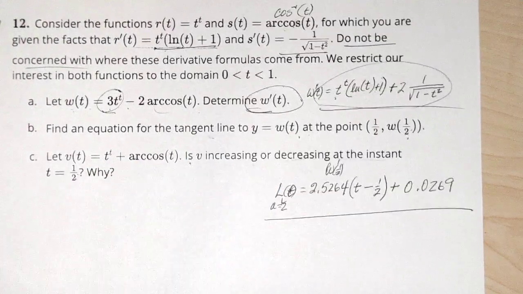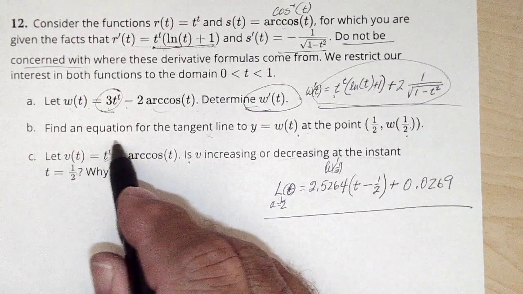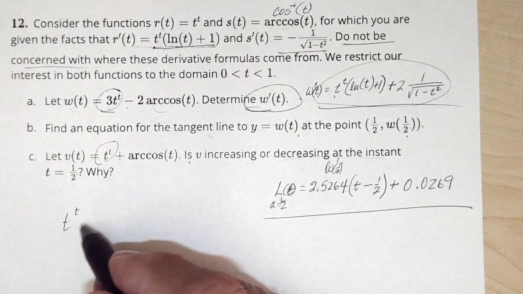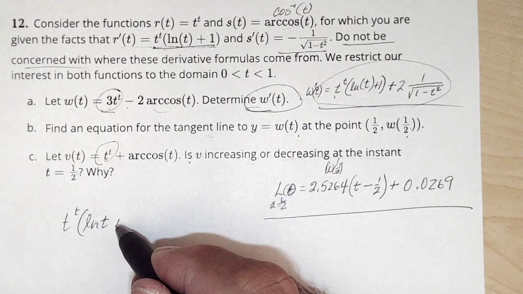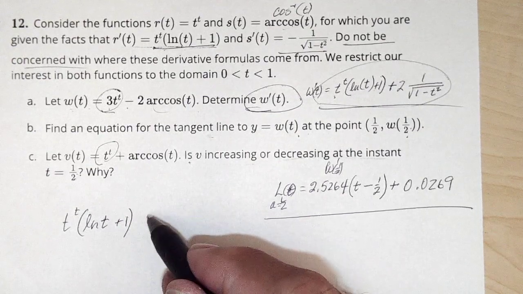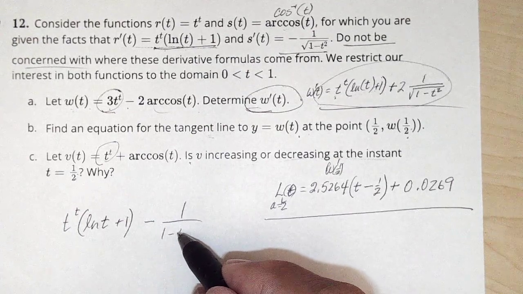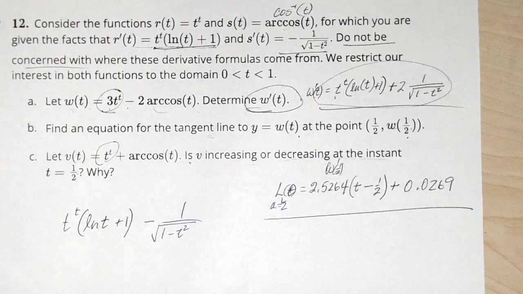We need to know what the slope is. So the derivative of this is t to the t, parentheses, ln t plus 1, minus 1 over 1 minus t squared. That's the derivative of this.